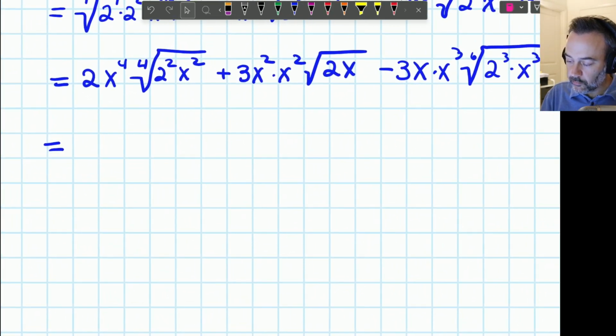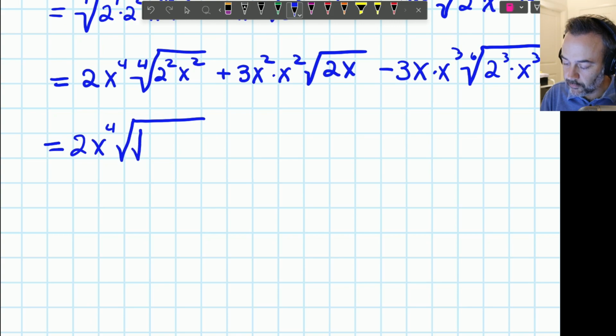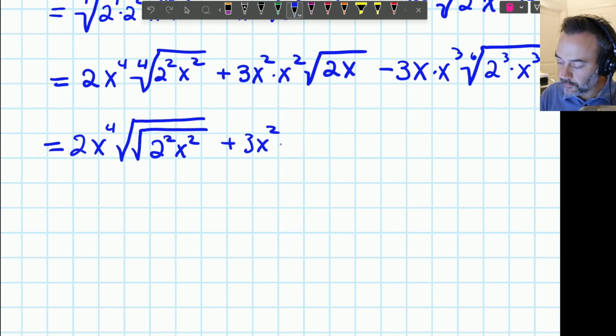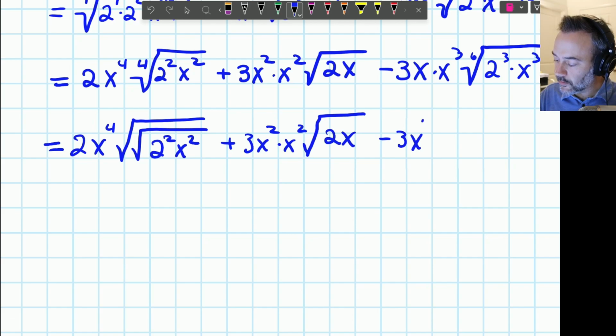And what we have here is 2x to the 4th, and the 4th root is the square root of the square root of 2 squared x squared. Plus, well, this one's already a square root, and 2 is a prime number, so we are as simplified as possible. And 3x to the 4th.